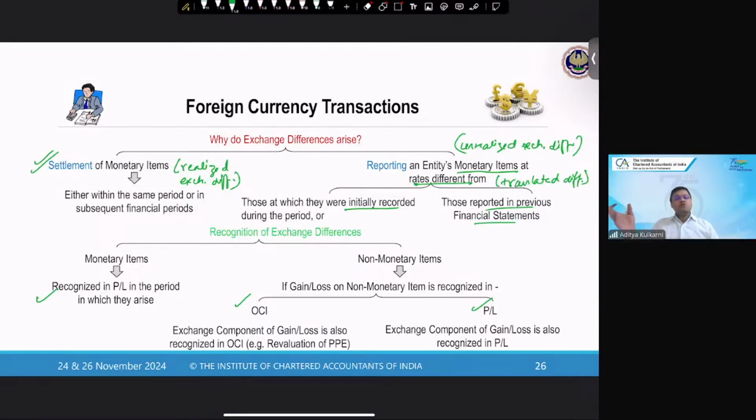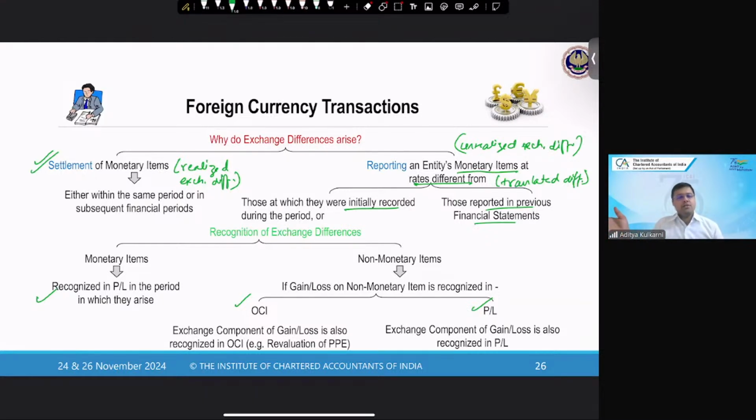Yes, sir. Financial instruments may have measurement of investment in equity, which could be either FVTPL, fair value through profit or loss, or fair value through other comprehensive income. So when I do a fair valuation, all my equity instruments have to be compulsorily fair valued. That movement in the fair value will go either into P&L or OCI depending on your choice.